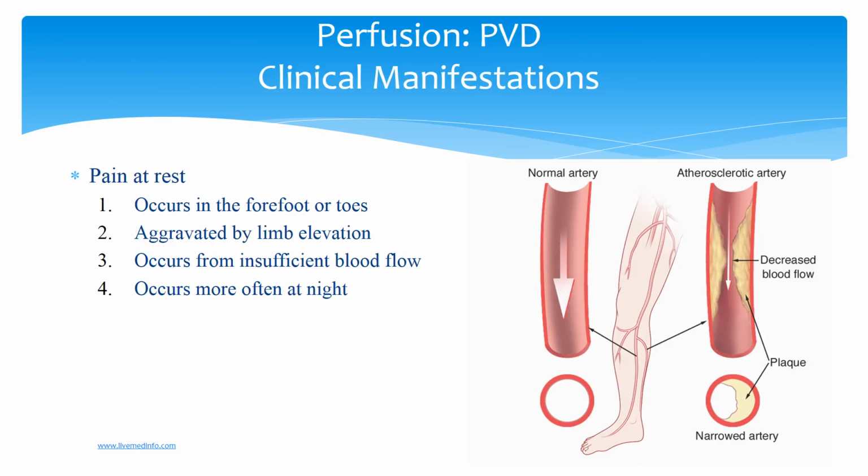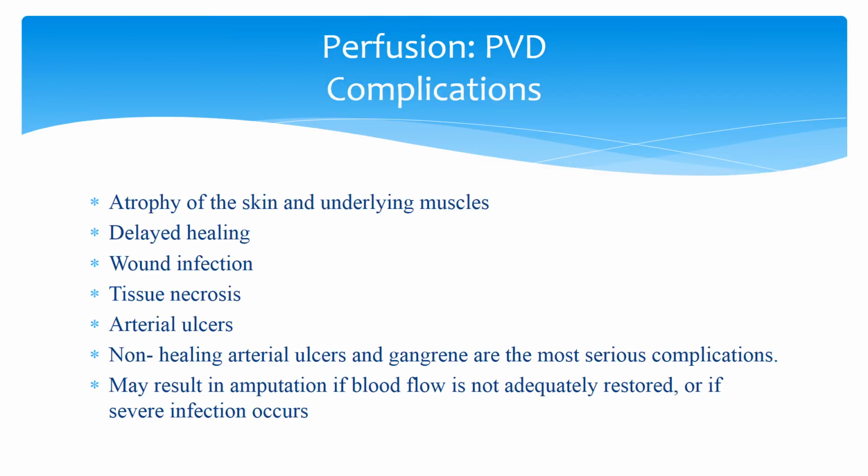Okay. Another thing which we see is the pain at rest, and usually that occurs in the toes, and it's aggravated by limb elevation, and it primarily occurs at night, but the biggest thing is it's insufficient blood flow. And so we really want to make sure that that's something that we assess for, because it can create issues for the patient and it can compromise the perfusion. So the biggest thing when you're looking at perfusion, particularly with peripheral artery disease, is that you're wanting to make sure that there is circulation going in that area, because impaired circulation leads to impaired wound healing.